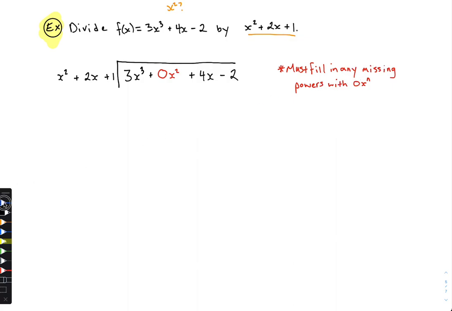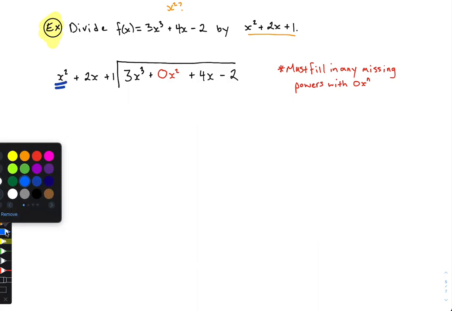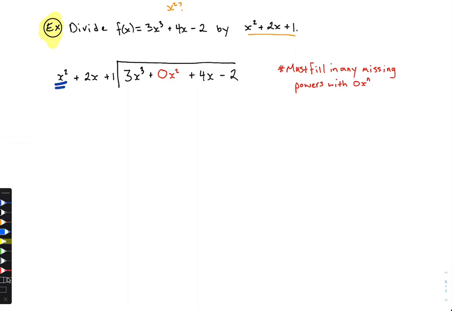So let's think about how we do our division. The first thing we always do is we pay attention to this number out here. We really mostly care about this x squared. And so what we do is we think, what number times x squared gets me 3x cubed?